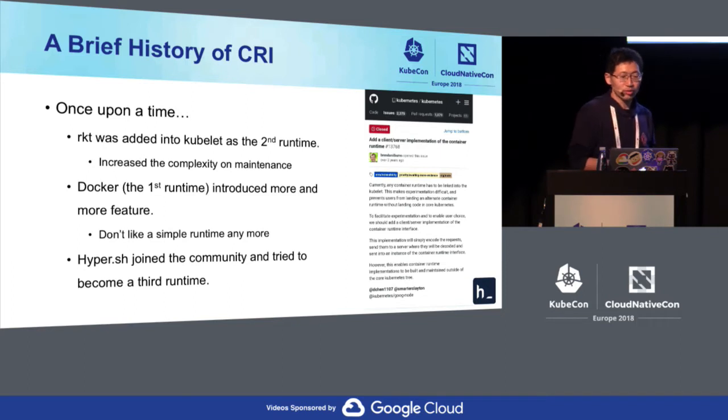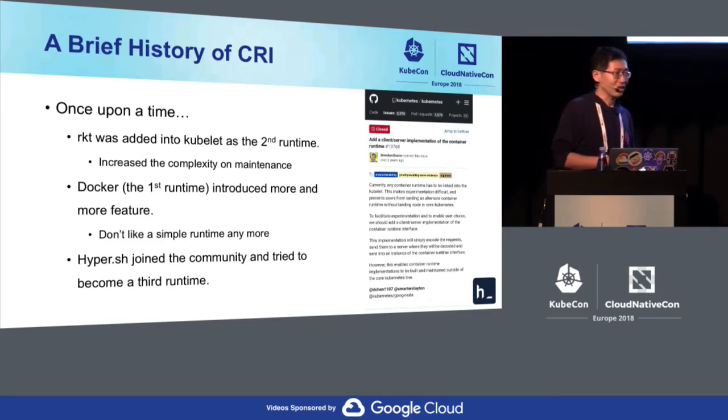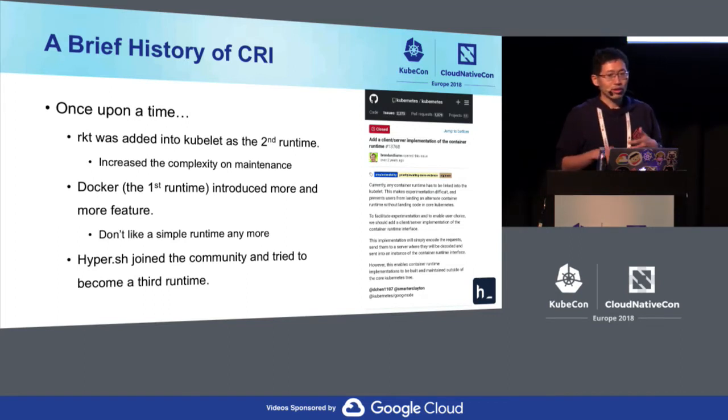So here is a brief history of the CRI interface, and that's a long story. It's more than 2 years ago, almost 3 years. Rocket from CoreOS was added into the kubelet as the second runtime engine, just following Docker.